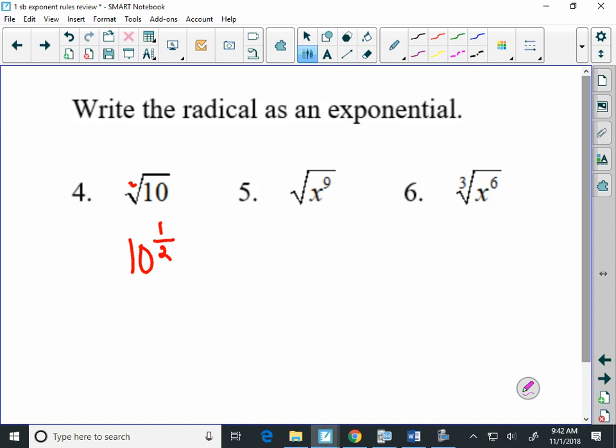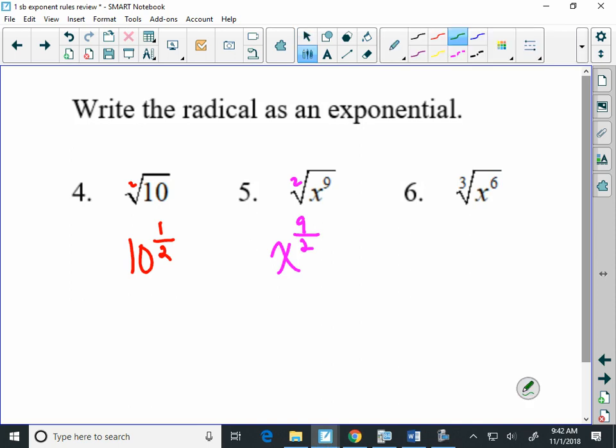We need to know that when there's no number written in the check mark part, it's a 2. And we don't have to write it down, but for some of you, that might be a good idea, especially if you're very visual. When we rewrite this, the x to the 9 is what's underneath the radical, and our denominator is coming from the value in the check mark part of the radical called the index, and it's going to be 9/2.